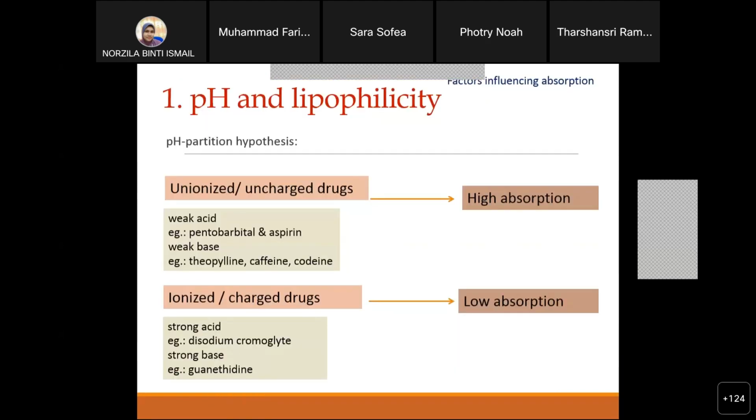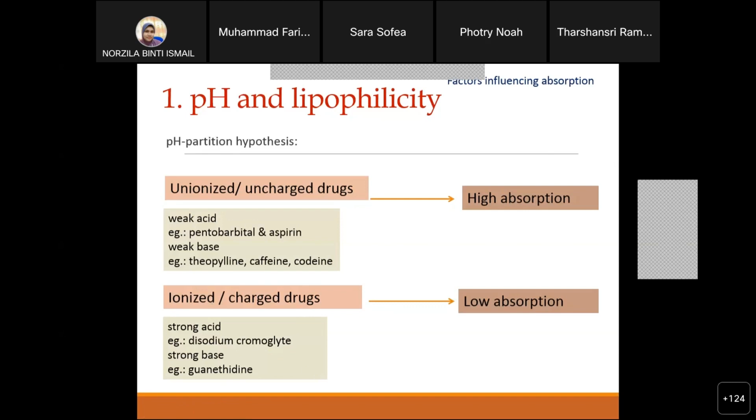Based on mode of administration, on Monday, which drug do you think is administered through IV? Ionized drug or unionized drug? Anyone? What's the question, doctor? I'm sorry. Okay, on Monday, we learned about mode of drug administration, right?